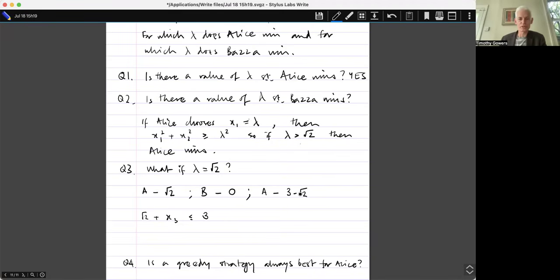So I've got to do some slightly irritating calculations, but what's the sum of the squares of these? We get 2 plus 3 minus root 2 squared, which is 9 minus 6 root 2 plus 2, which is 13 minus 6 root 2.